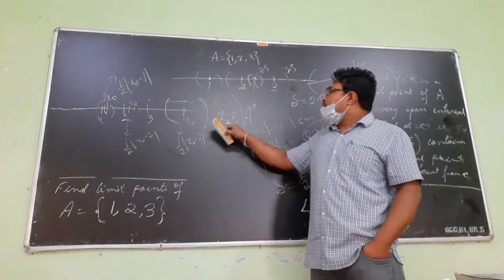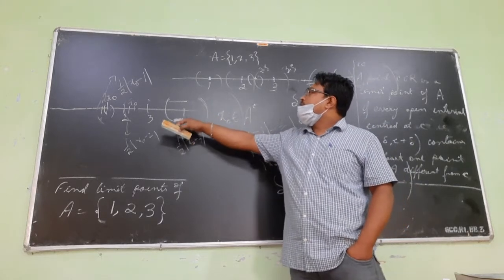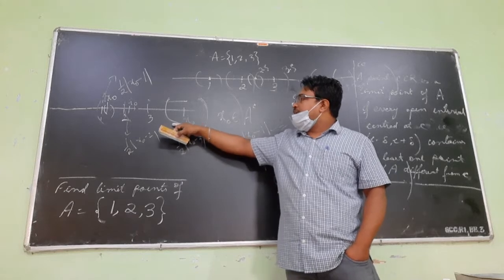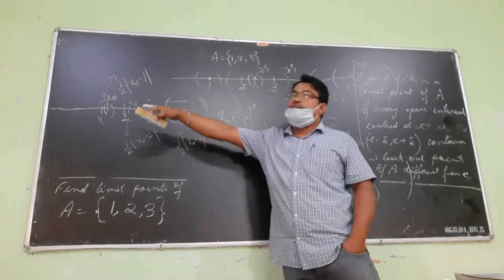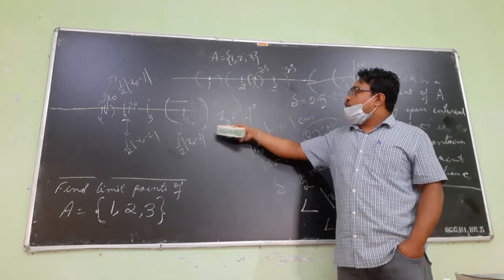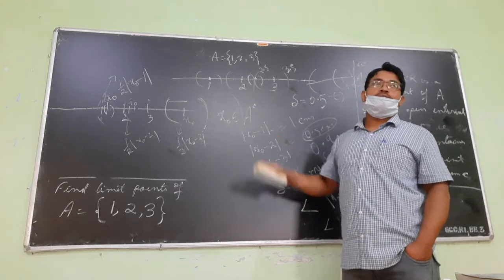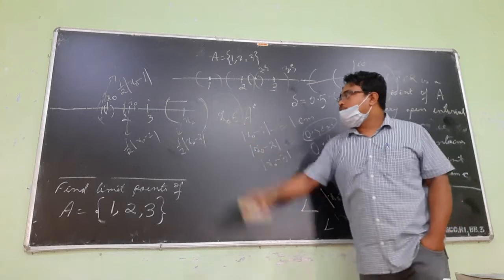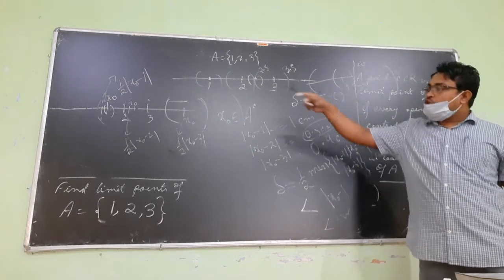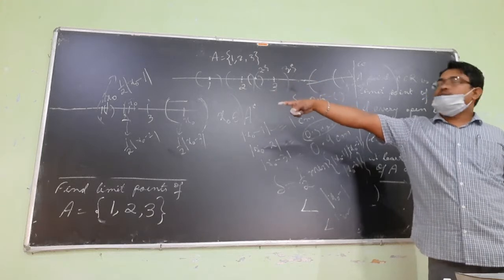If I take a point outside this set, then I can construct an open sphere or open interval which does not contain any other point of it. That means this point cannot be a limit point of the set. If it is a limit point, then every open interval should contain some point inside it.